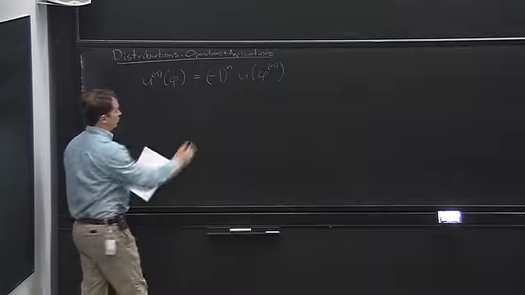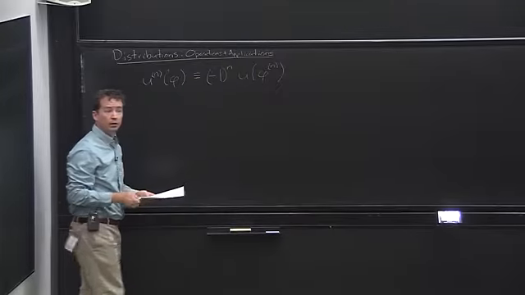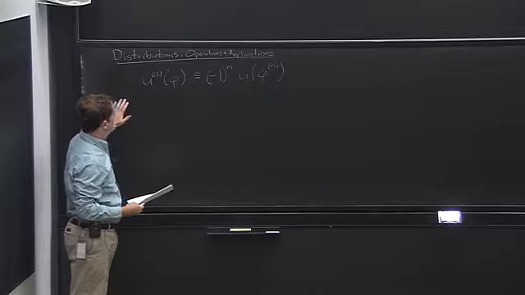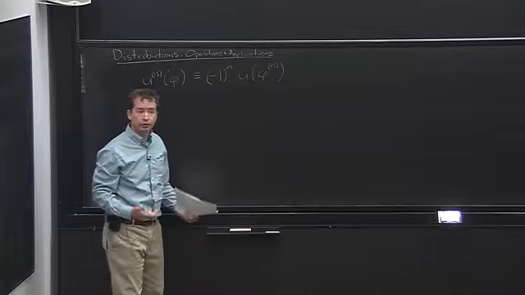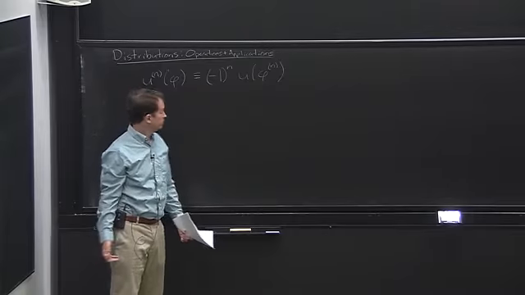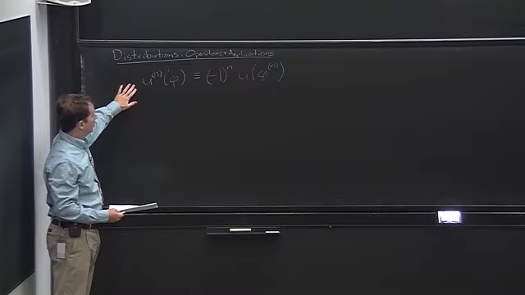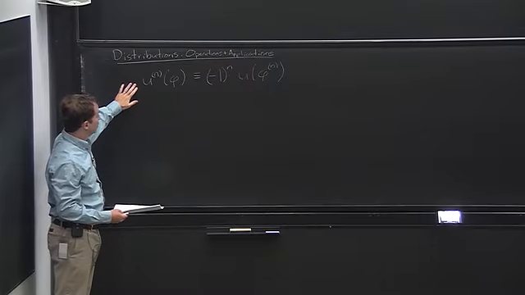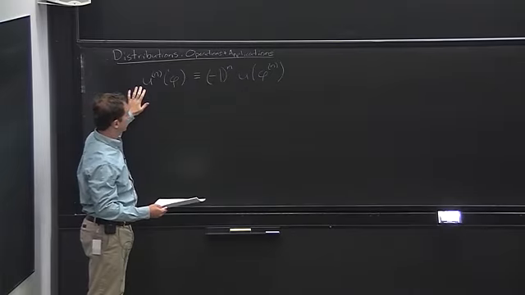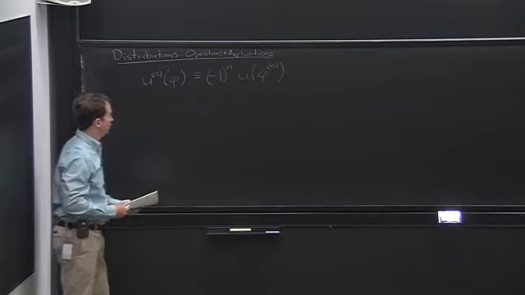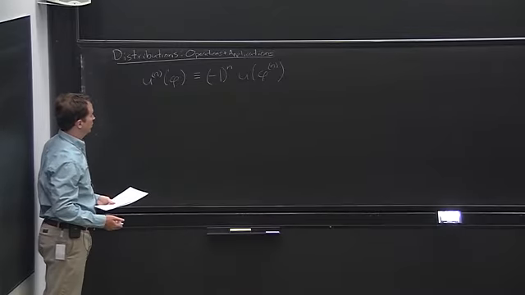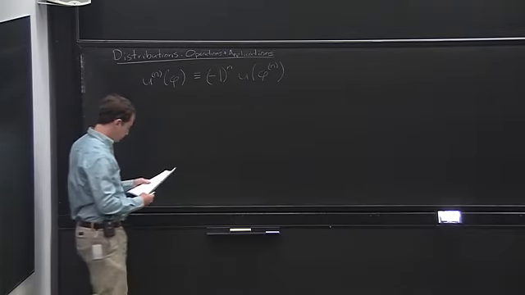So this was our definition of the weak or distributional derivative. And so the first thing I want to discuss or show you is first that this works for a familiar case, and then we'll look at perhaps a less familiar case and see how we can apply this formula.